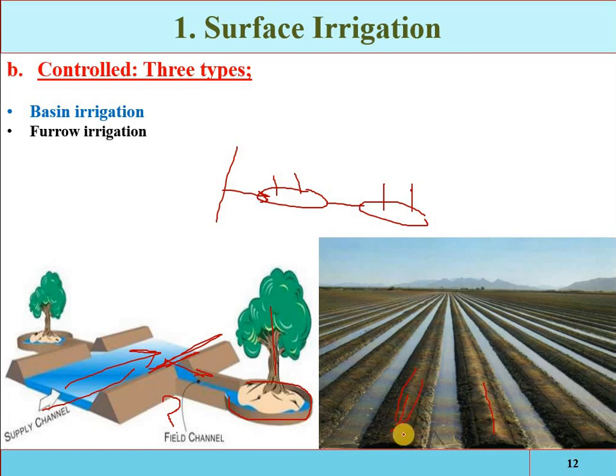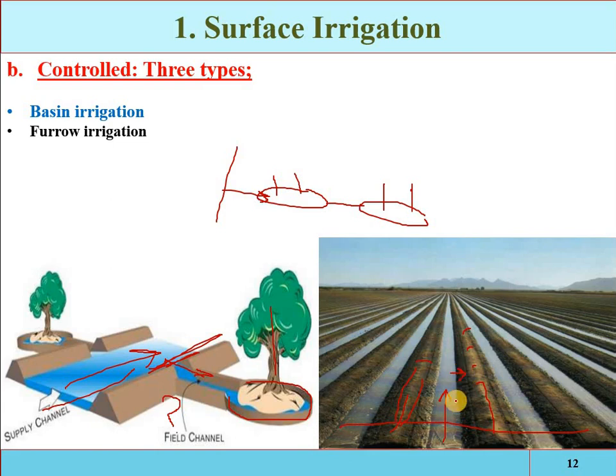You can see that the irrigation water will be diverted from the main supply channel in between these two dikes, and that water will move from the upstream into the downstream area, and the crops will be grown on these levees or on these dikes. So the water level will be at the same position as the root zone of the crops.